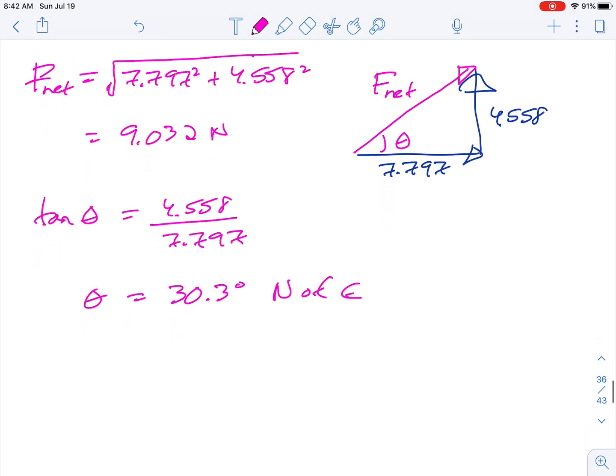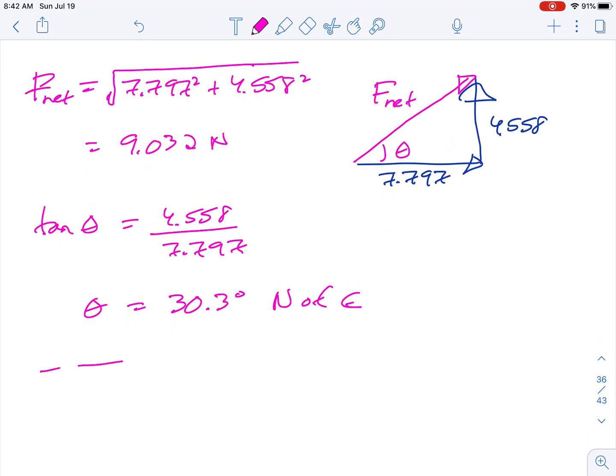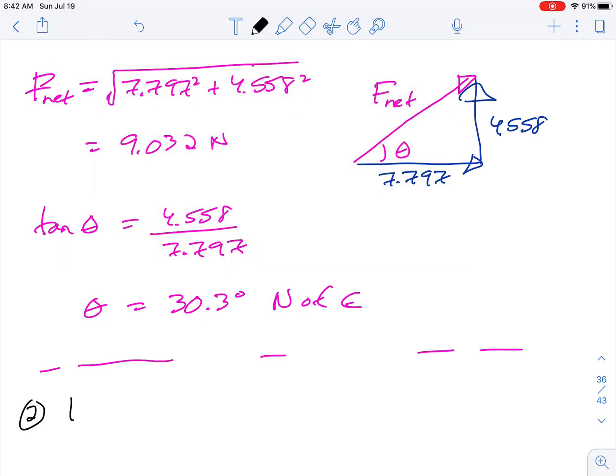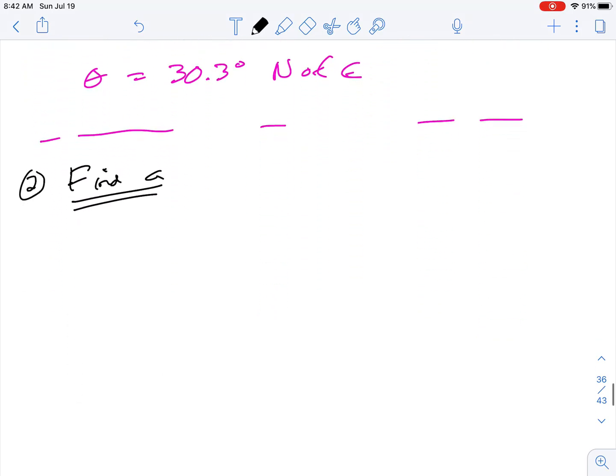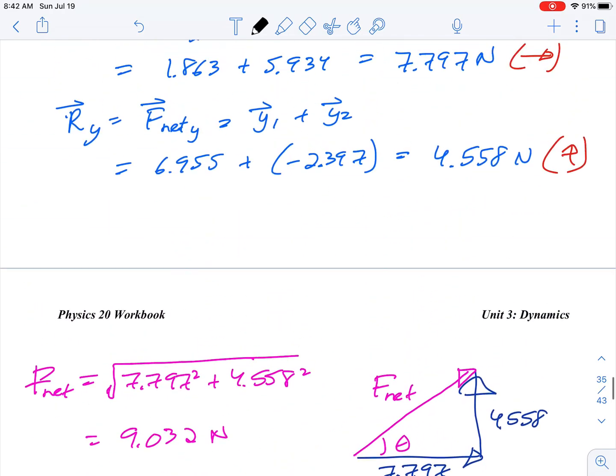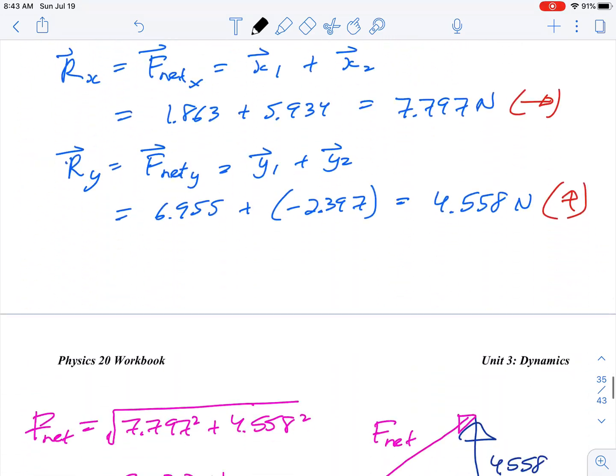All right, well now we're ready to actually finish this question. It's a big monster. So step 2 is to find the acceleration. And again, if we want to find the magnitude, well that's easy because we just simply do F net equal to ma. So we just take the F net that we found and divide it by the mass. So F net was 9.03 divided by the mass, which is 0.68 kilograms.